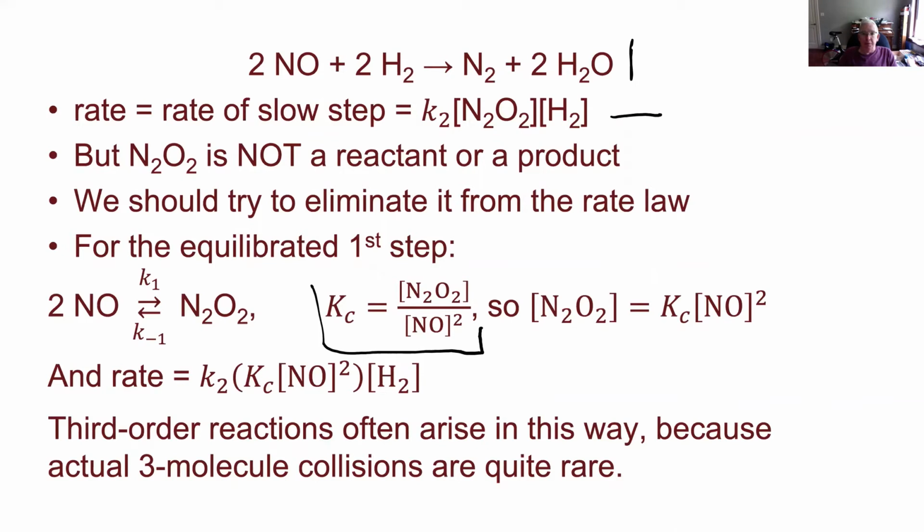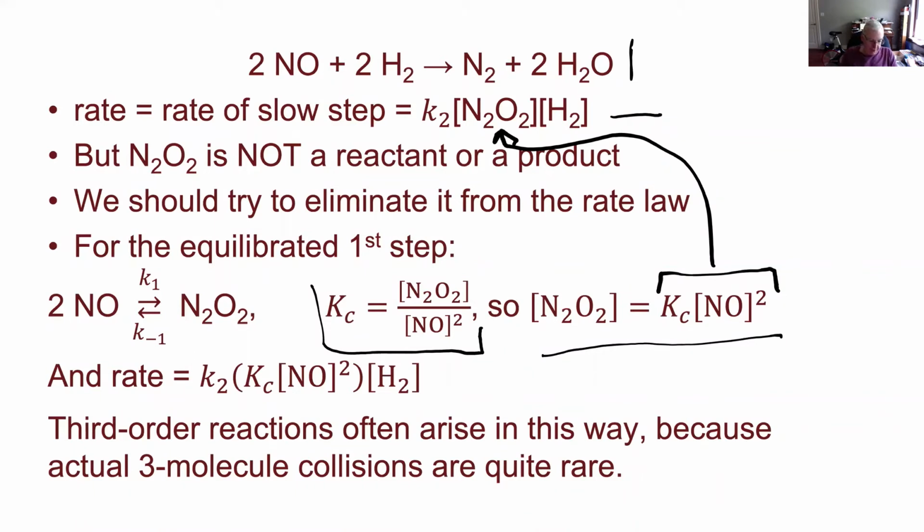We can solve that for the N2O2, the intermediate concentration, which gives us this form over here, right? Lastly, I'm going to take my Kc times NO squared there, and I'm going to bring that up, and stick it into the rate law in place of the N2O2.